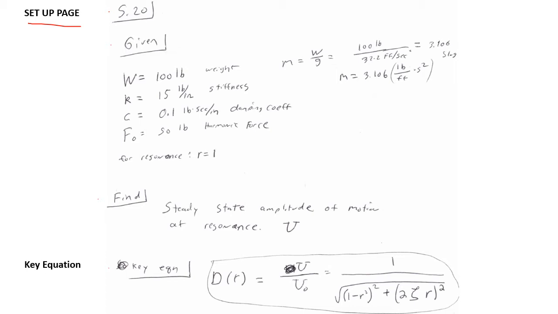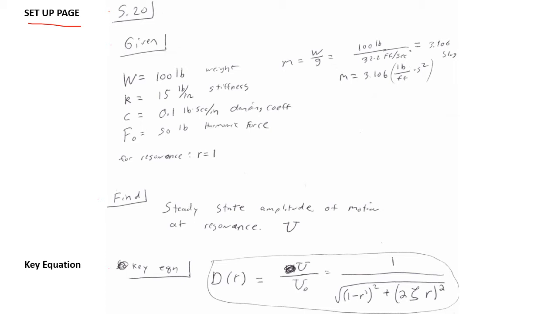Doing this out, I end up with a mass equal to 3.106 slugs, or 3.106 pound-second squared per foot. That's everything I know, and I can come back to this first page to find my W, my K, my C, my F naught, and my mass.